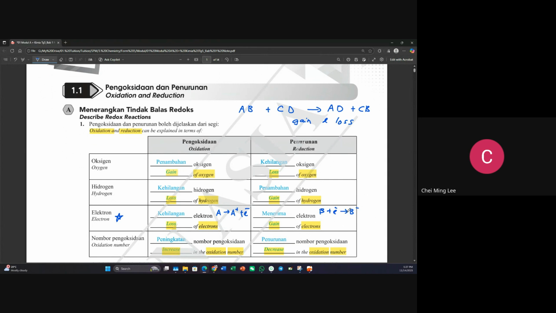This one normally is for those elements with more than 4 valence electrons, 它有多过4个 electron valence, 5、6、7、8, where it just needs 1, 2 or 3 electrons to achieve the standard octet electron arrangement.